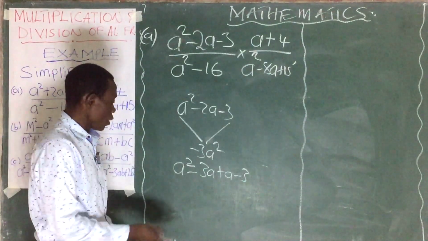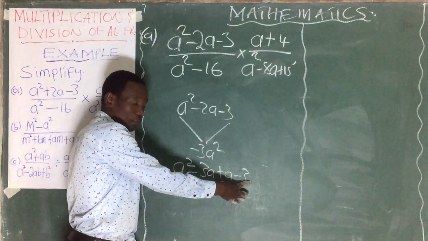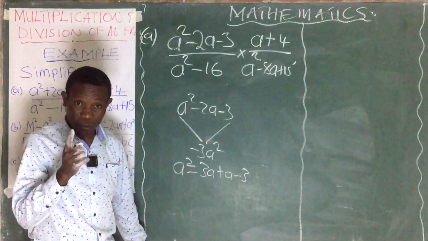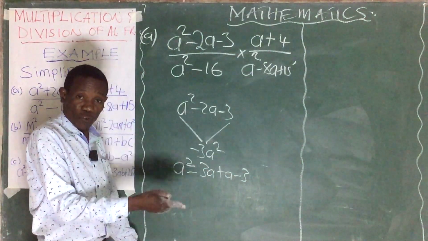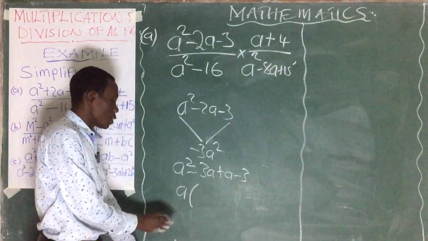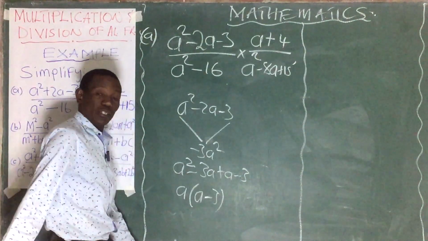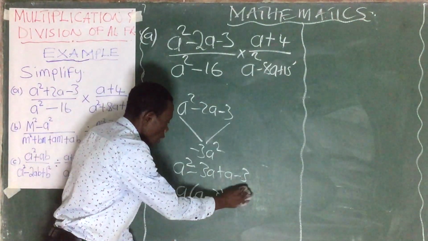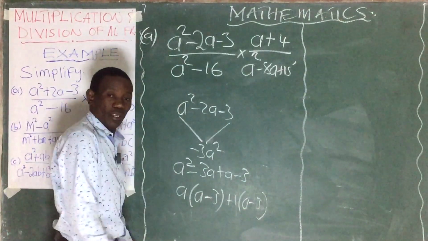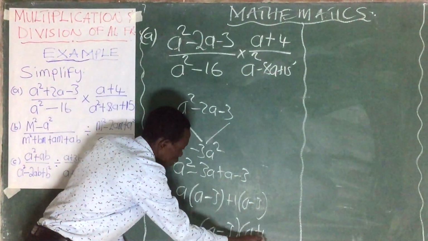So you group the terms into two groups, the first pair and the second pair. Then find the common factor that divides each one of those pairs. For the first pair, we have a open bracket a minus 3, and there we have positive 1, which is plus 1, a minus 3. At the end, we have the factors a minus 3 and a plus 1.